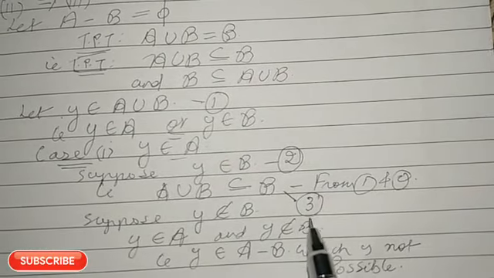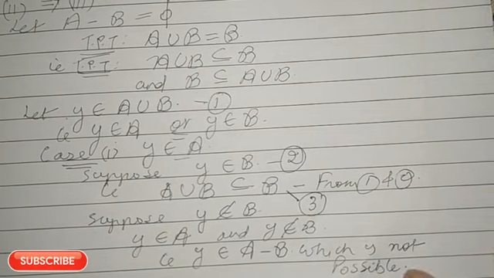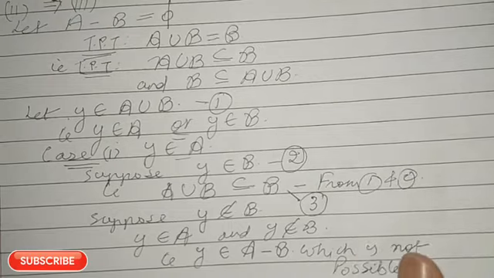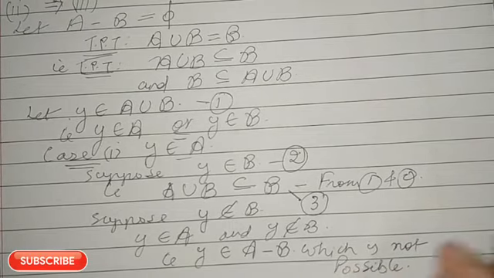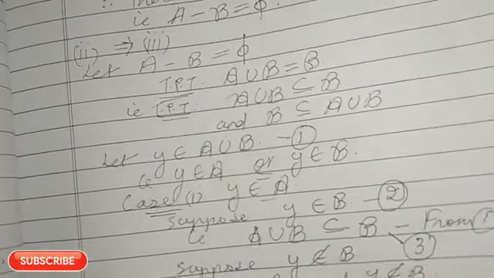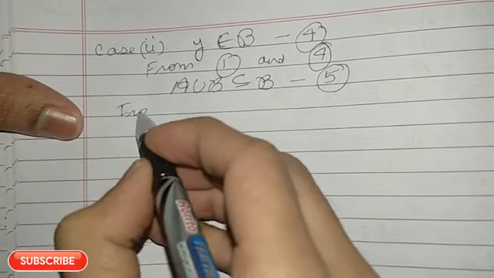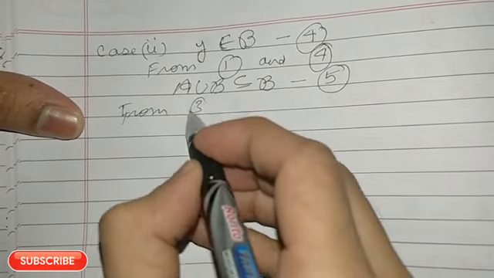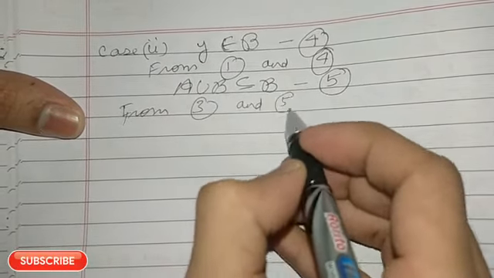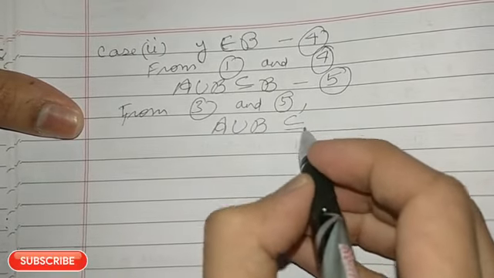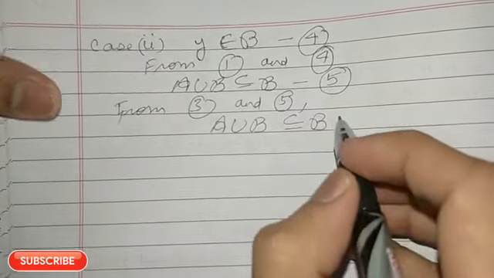So again you can look at this, from 3 and 5 we are getting the same result, that is A union B is a subset of B, okay?